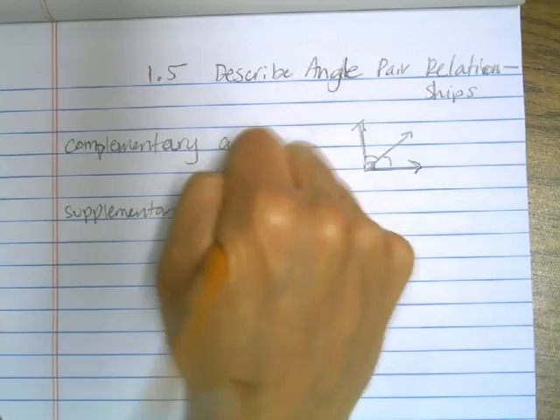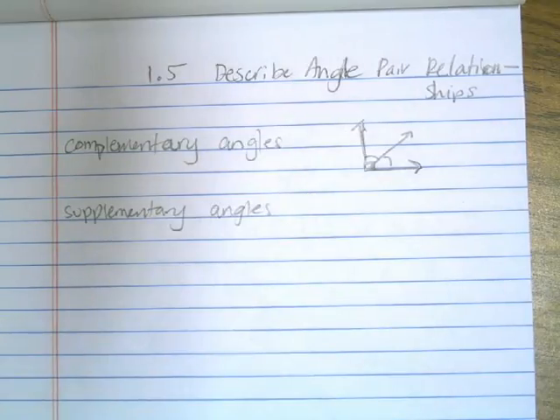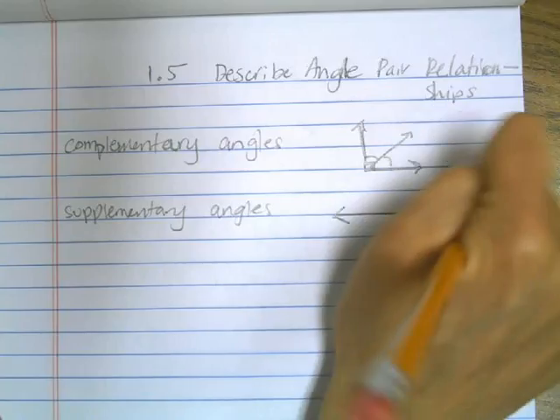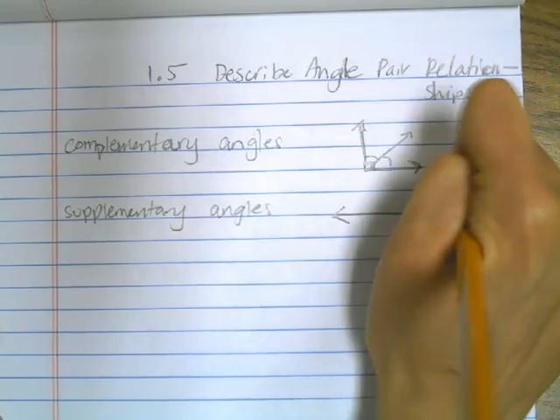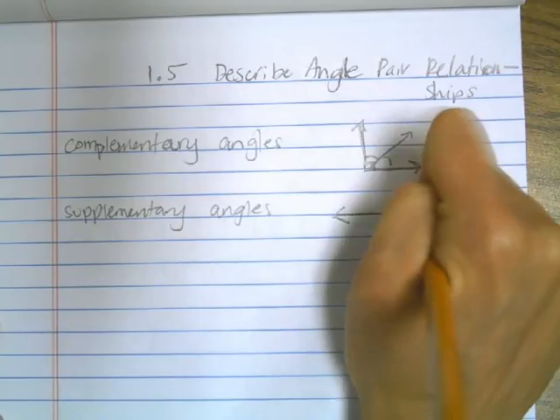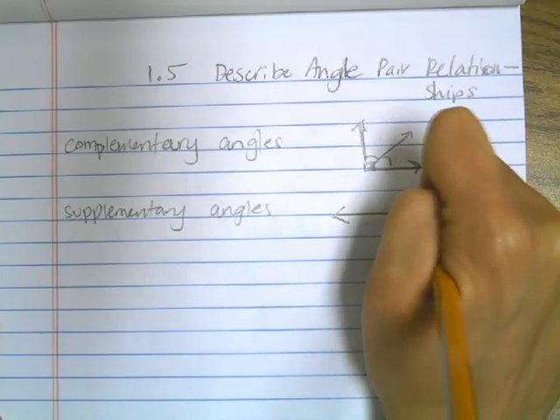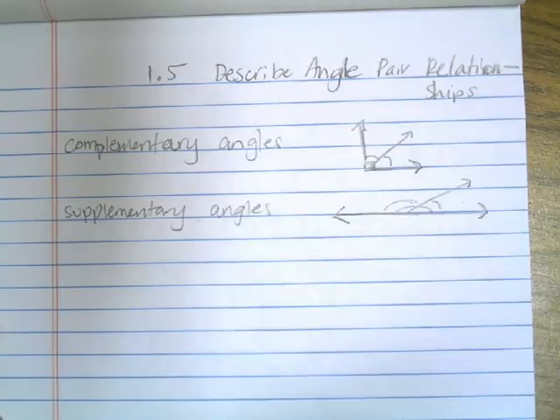So these two angles are adjacent because they're next to each other. We're going to look at a couple examples, an easy one and a hard one. Let's say they give you an angle, and they say these two are complementary.